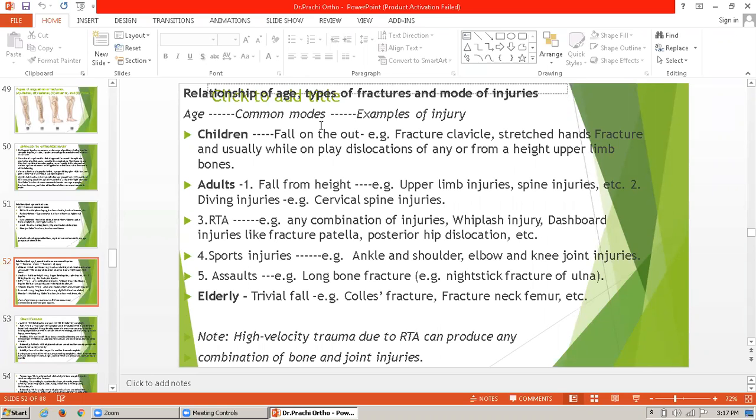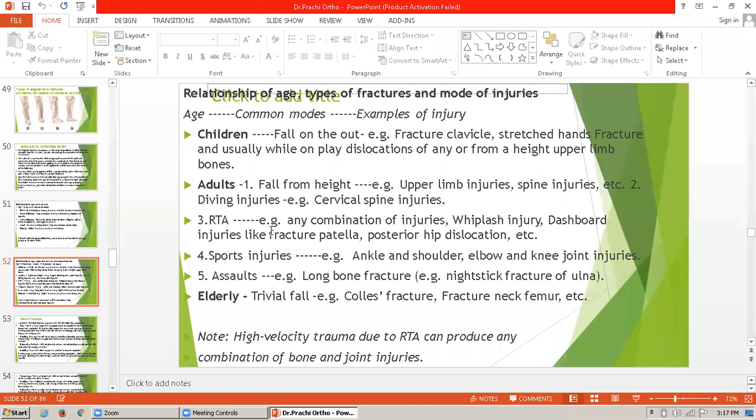So the relationship of age, mode of injury and types of fracture: firstly age, common mode and examples of injury. In children, when they fall or play, there is fracture of the clavicle and dislocation, or from a height, upper limb bones.